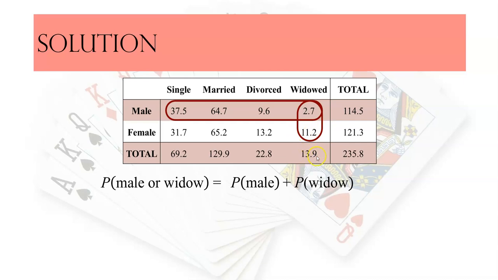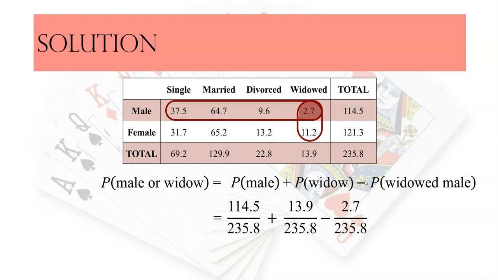There's 13.9 altogether then. However, the 2.7 has been counted twice in all of this, so we got to make sure we take that out because that's an overlap. It's been circled twice. So when we add this up, it's 114.5 plus 13.9 minus the 2.7 that was counted twice.